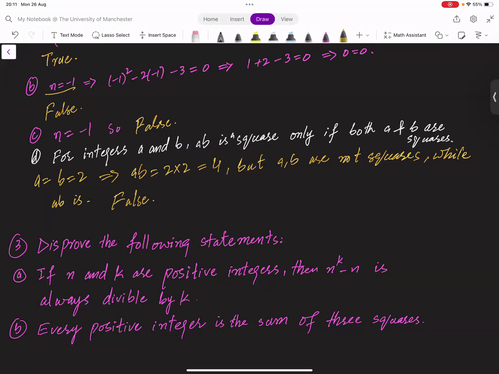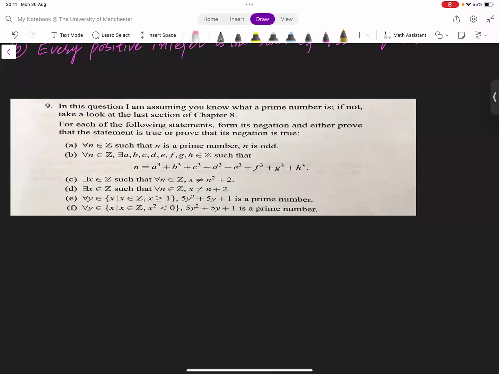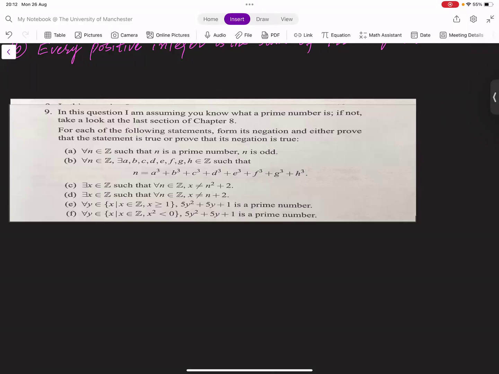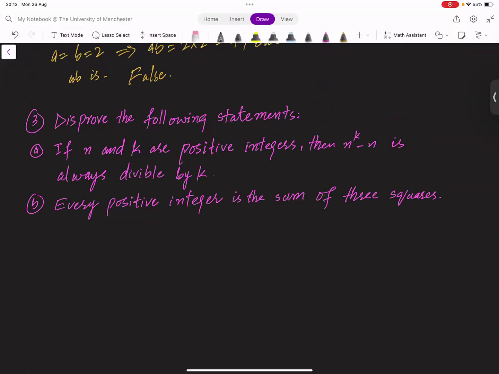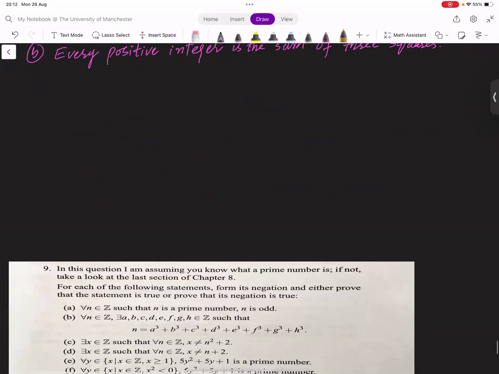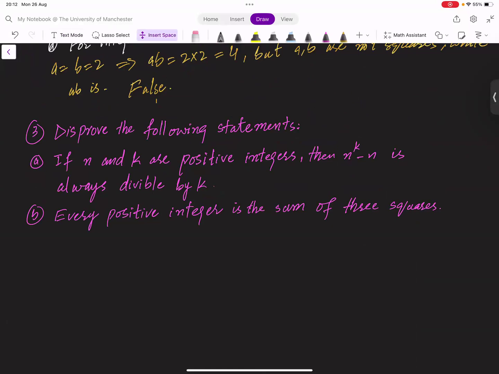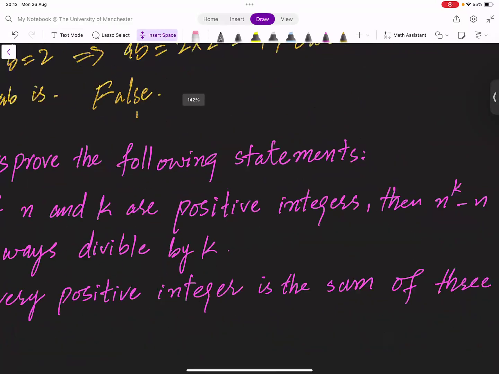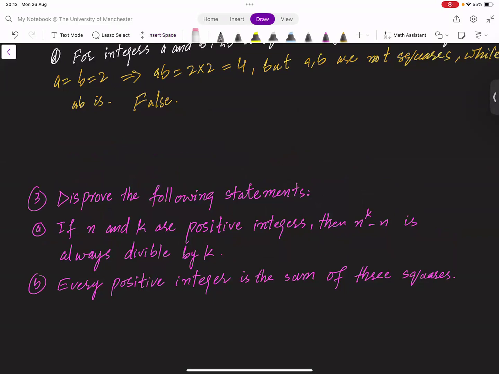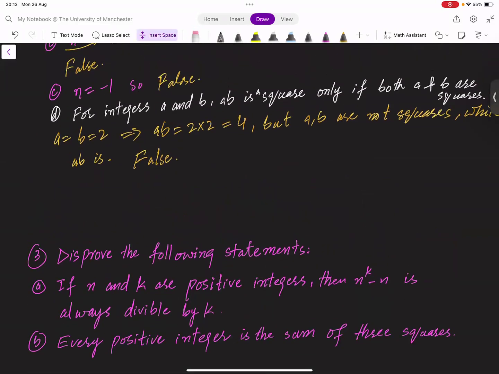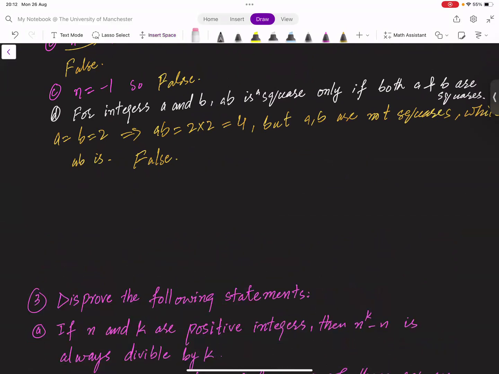So there is a major difference between using only if and then using if only.